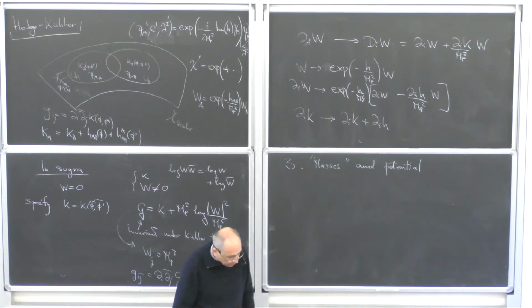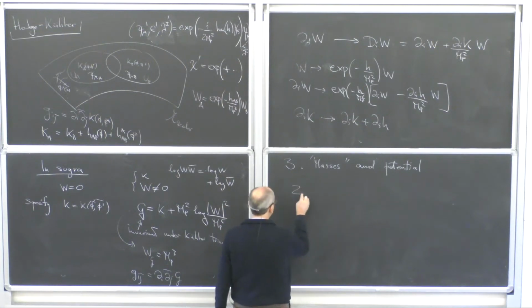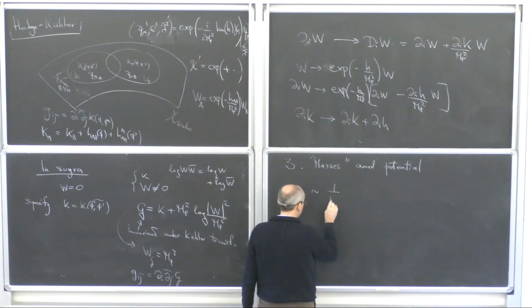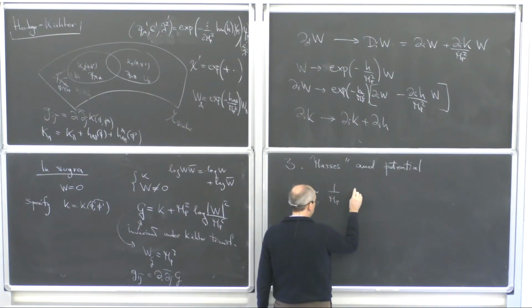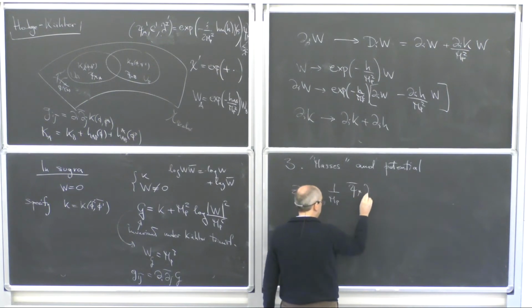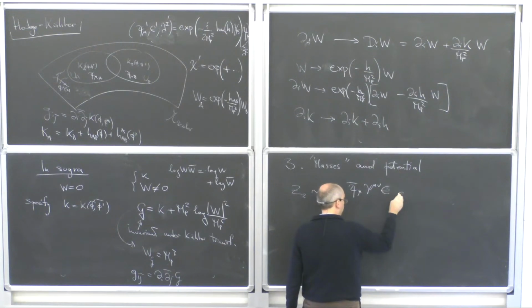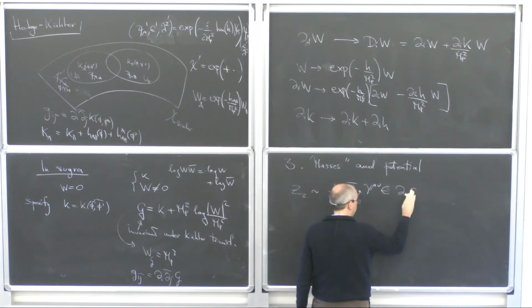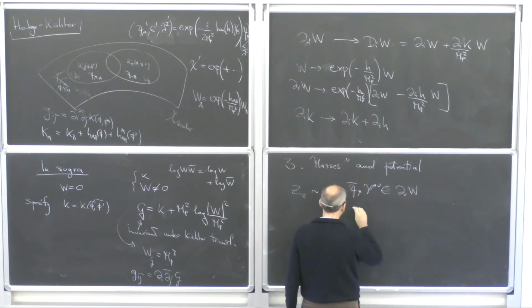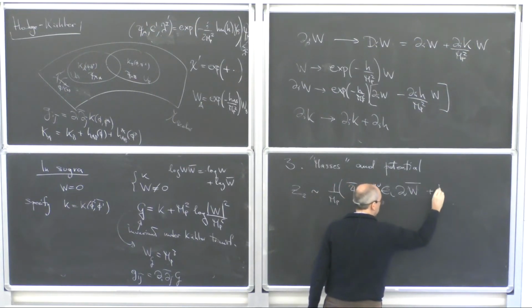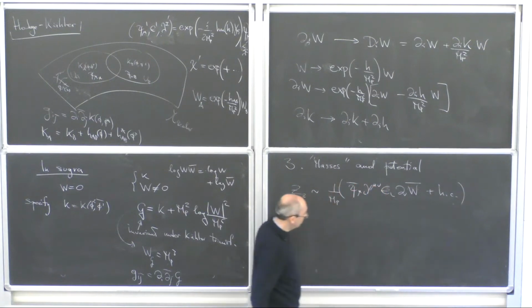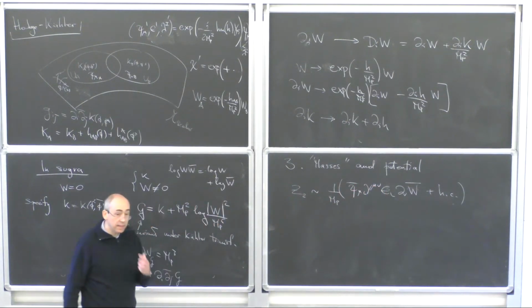If you remember what I wrote at the beginning, I have a Z2 term, which is Planck mass suppressed, which has the form of the gravitino with a derivative of the superpotential, plus Hermitian conjugate. Okay, there was a term like that.